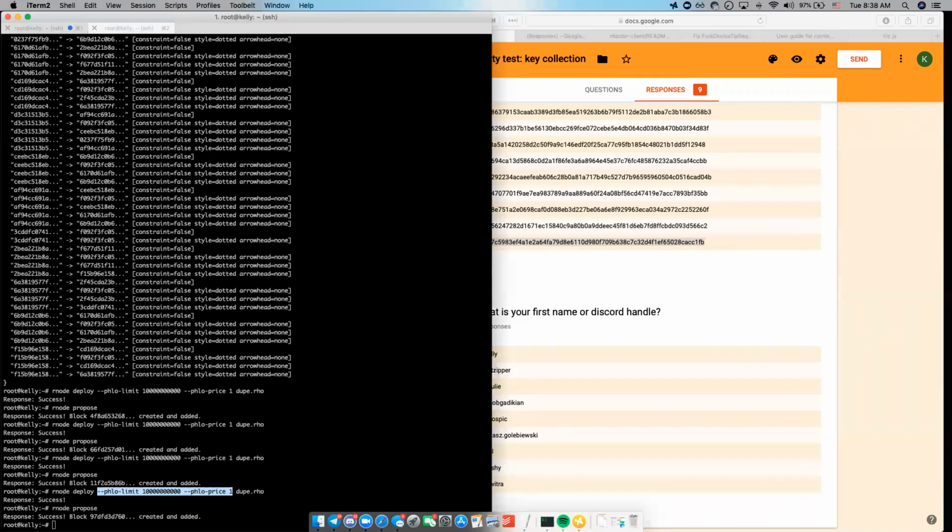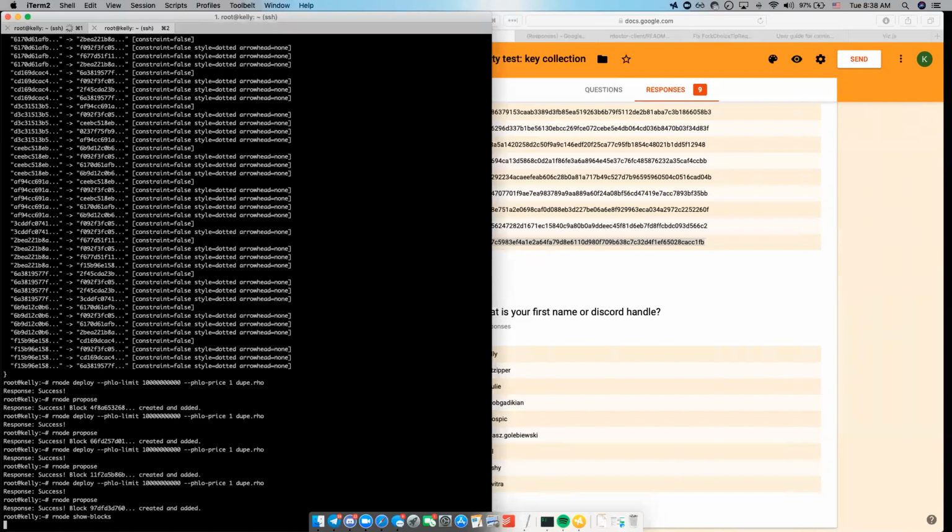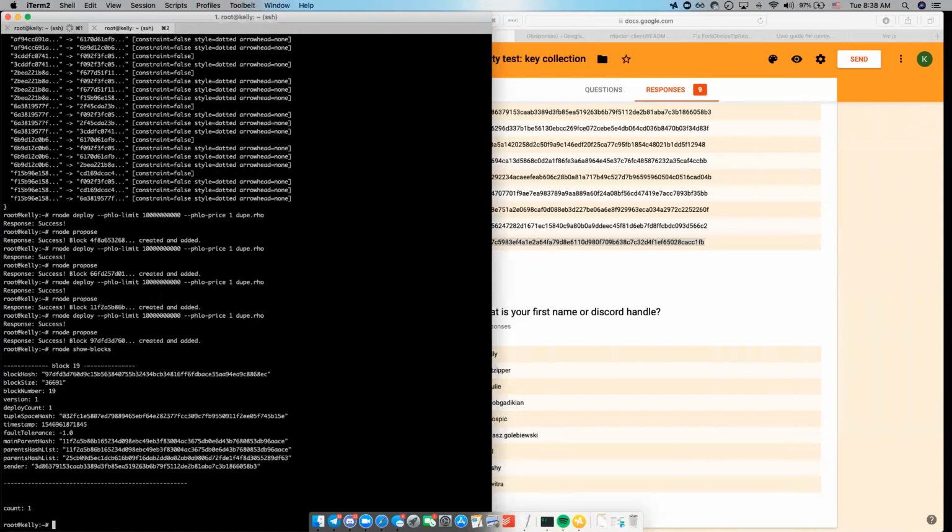One question to the general public. Is anyone stuck fetching blocks from the network? I restarted my node, so could be fetching blocks, yeah. All right, I am at block 19.